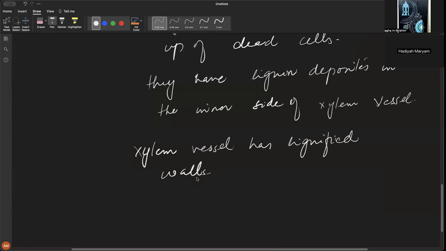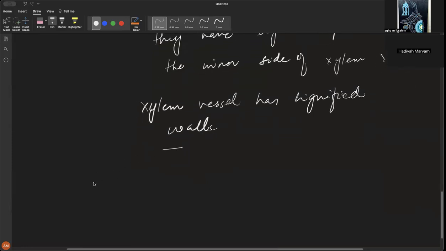Now, what is lignin? Basically, it is a waterproof substance.